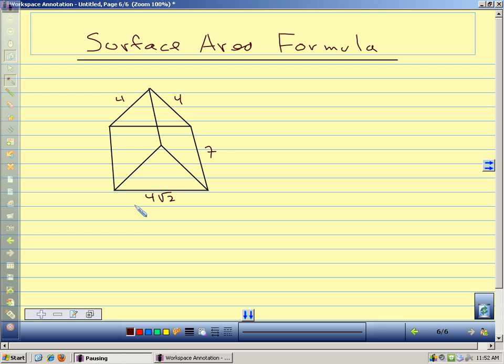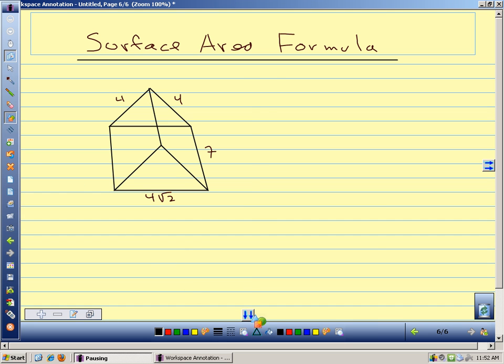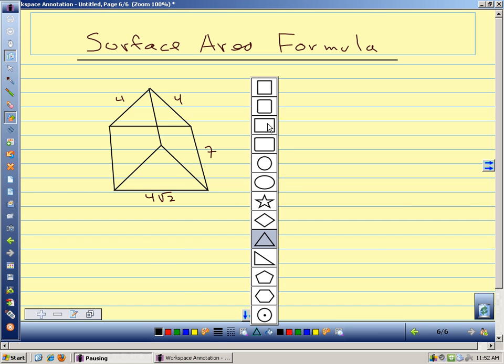If we open this, if we cut this open and lay it out flat, we get a shape that looks like this.